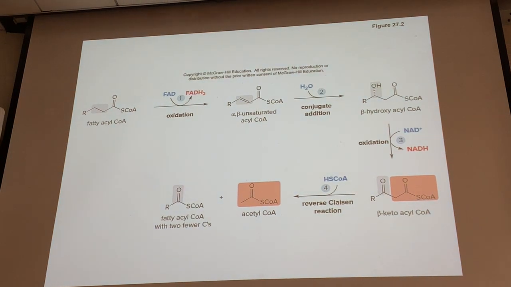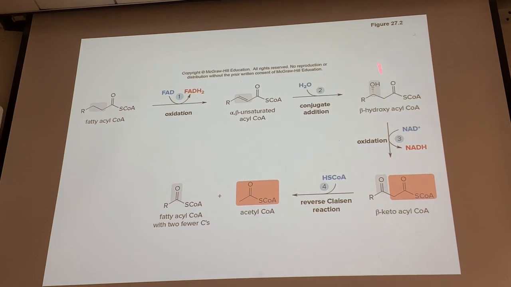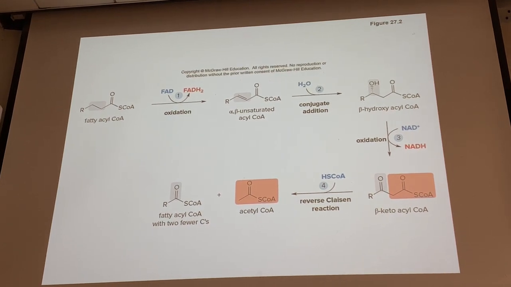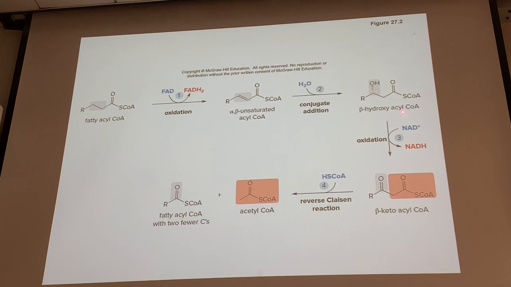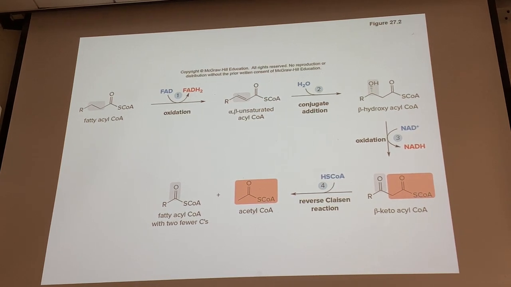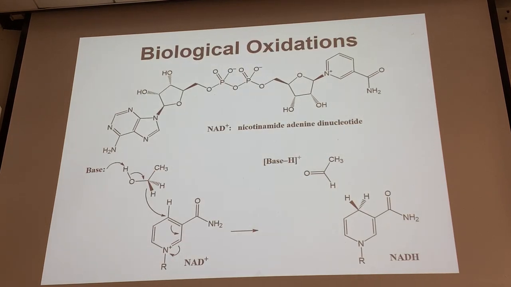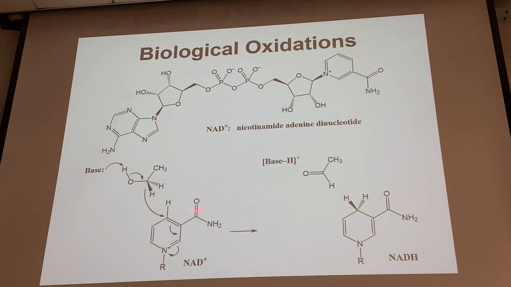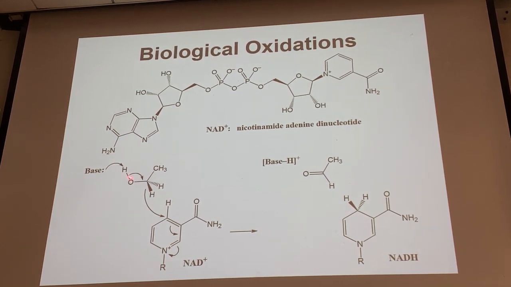Okay, so once the conjugate addition has occurred, our next step is an oxidation of that alcohol to a ketone. And that process, as we learned on Monday, is going to be mediated by NAD+. Just as a reminder, we'll go back to the slide showing the NAD+ oxidation mechanism, where a base in the active site of the enzyme will deprotonate the OH, and then a hydride is transferred to C4 of the NAD+ molecule.